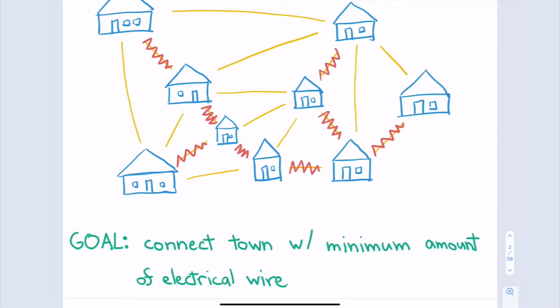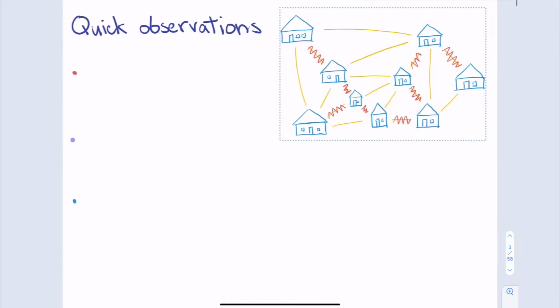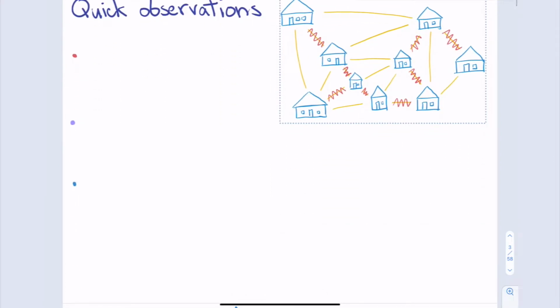Okay, but just some basic observations before we really launch into our study. One, as I was doing it by hand, I don't really know if I had the best solution, but one thing that was clear is that at some level, there is no point in having any cycles among the wires that I pick.